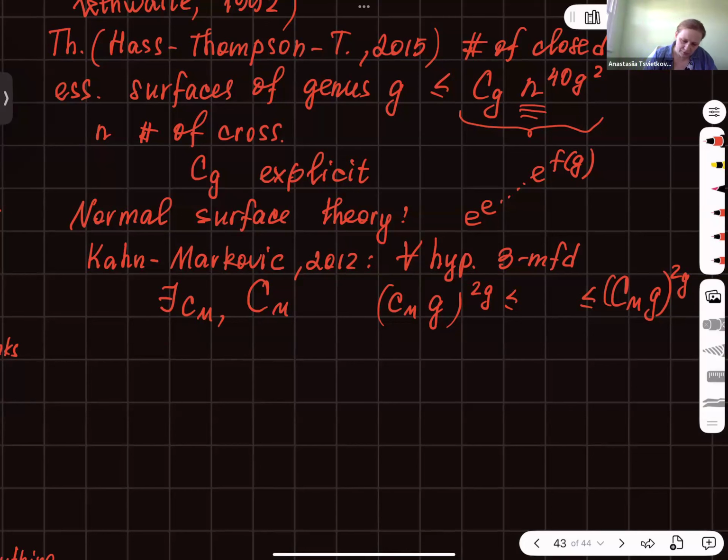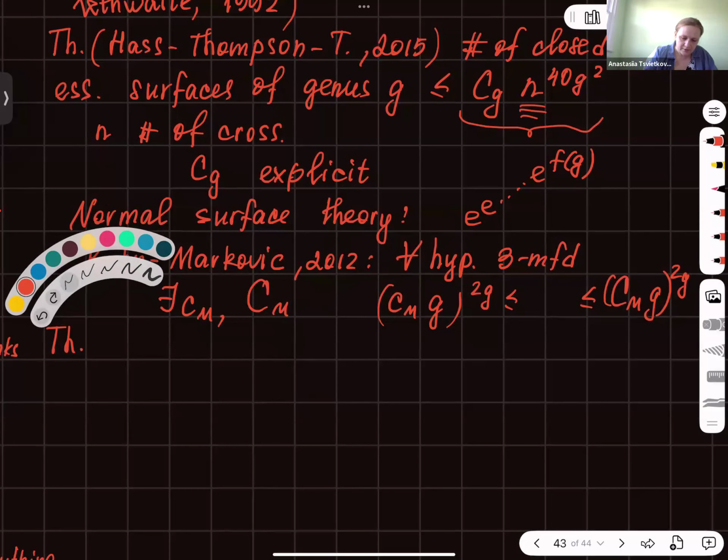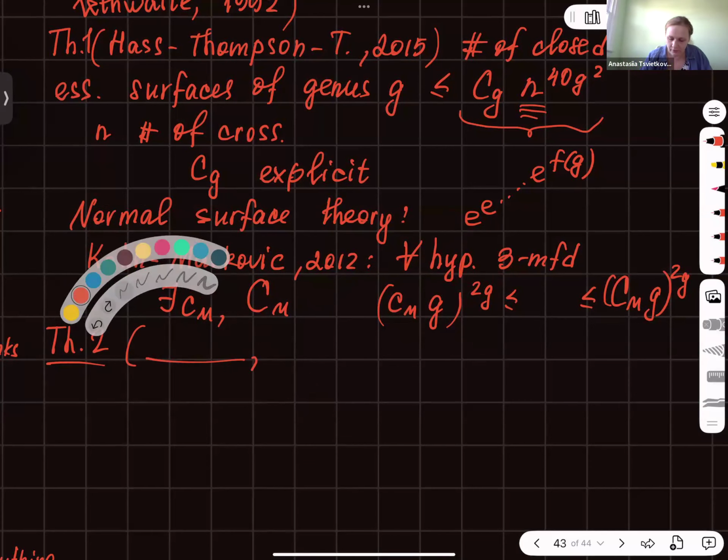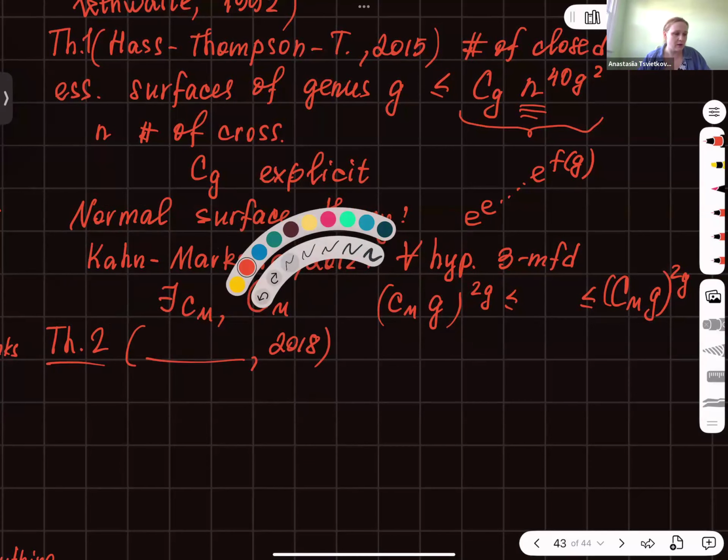And so this first theorem was for closed surfaces. There also was a theorem for surfaces with boundary. Maybe I should call it theorem 1, theorem 2. So theorem 2, same people, was in 2018.